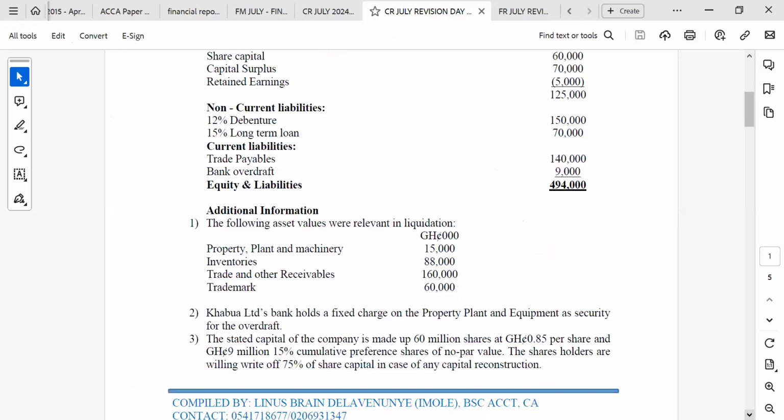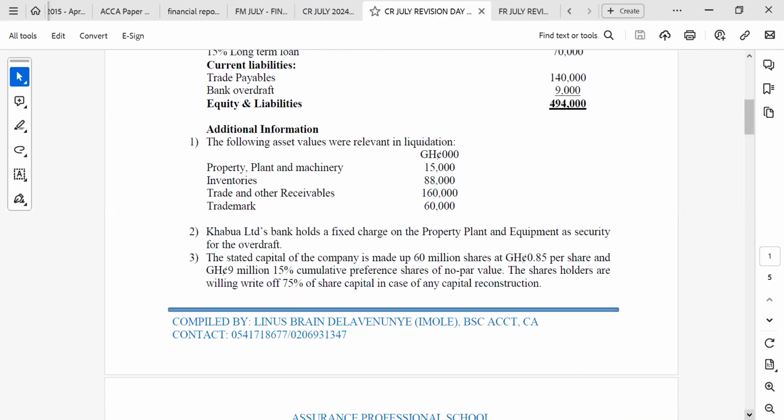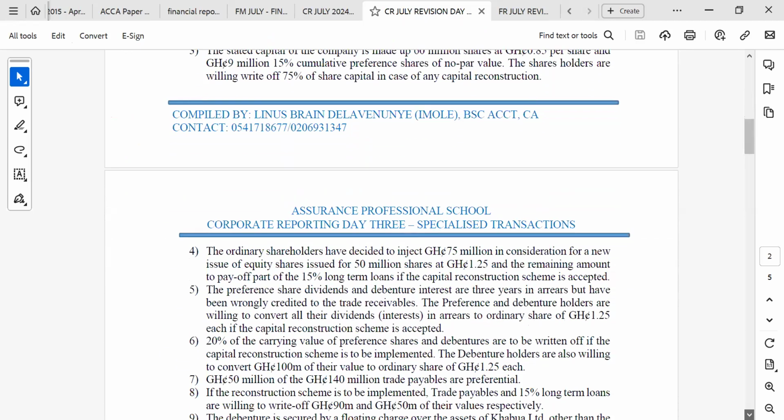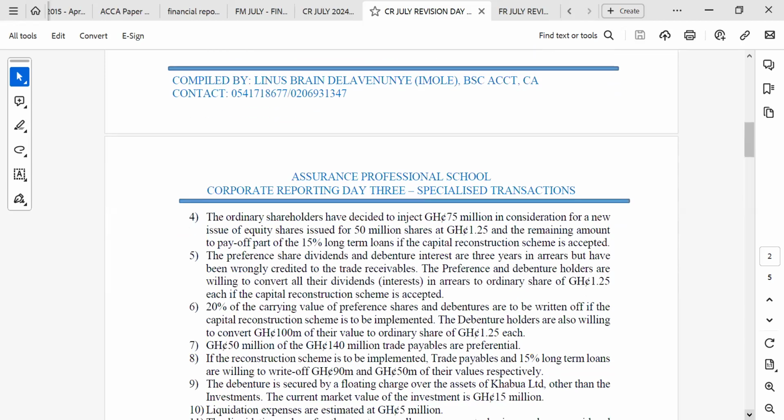Let's see what we are going to be having here also. Question number 3 is about restructuring. The 4. Okay, the preferred dividends. Okay, so pension payables.